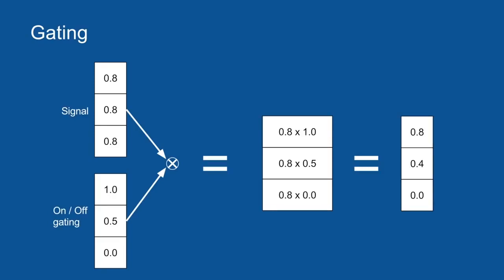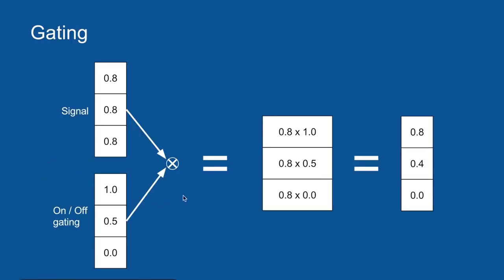Now, element-wise multiplication lets you do something pretty cool. Imagine that you have a signal, like a bunch of pipes with a certain amount of water trying to flow down them. In this case, we'll just assign the number 0.8. It's like a signal. Now, on each of those pipes, we have a faucet, and we can open it all the way, close it all the way, or keep it somewhere in the middle to either let that signal come through or block it. In this case, an open faucet would be a 1, and a closed faucet would be a 0.